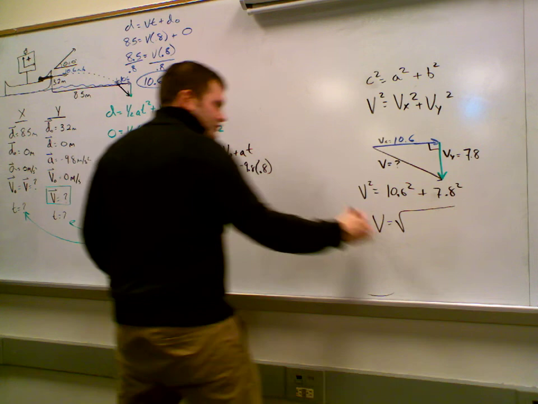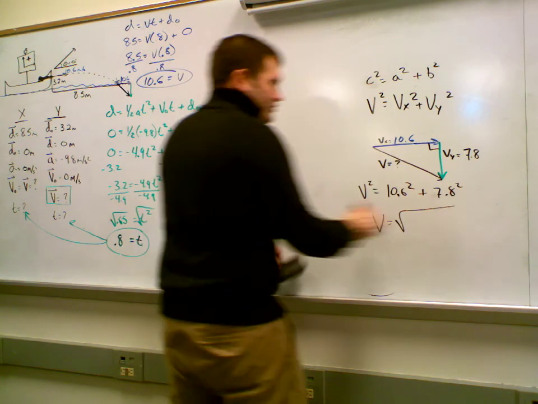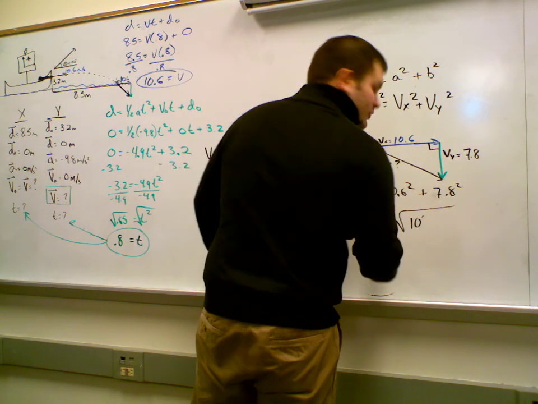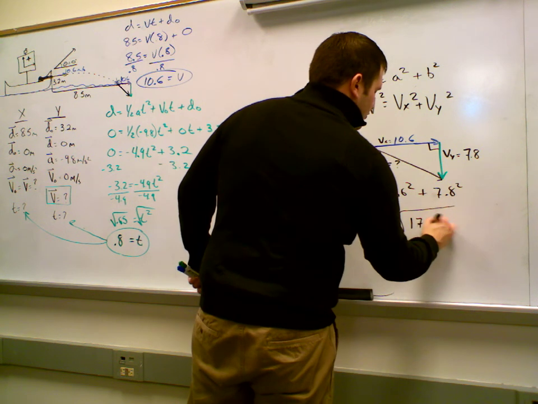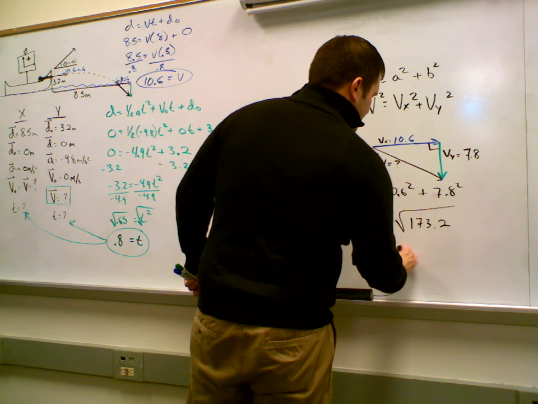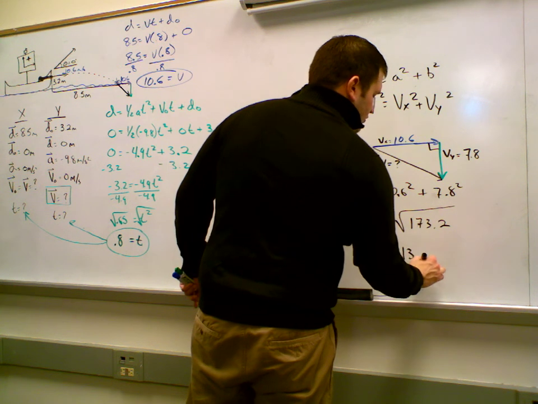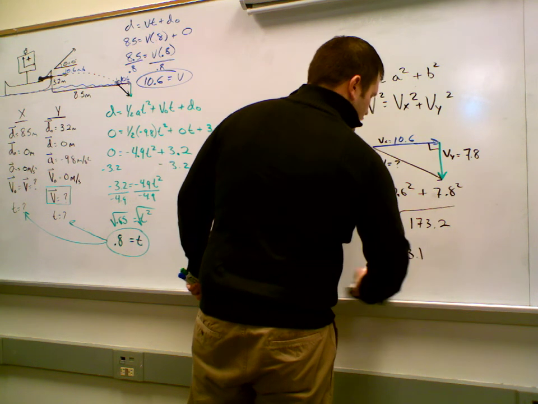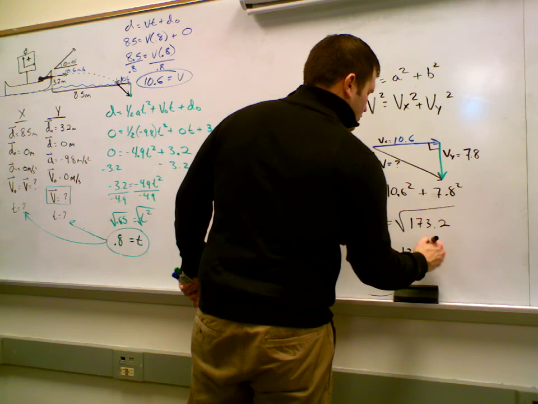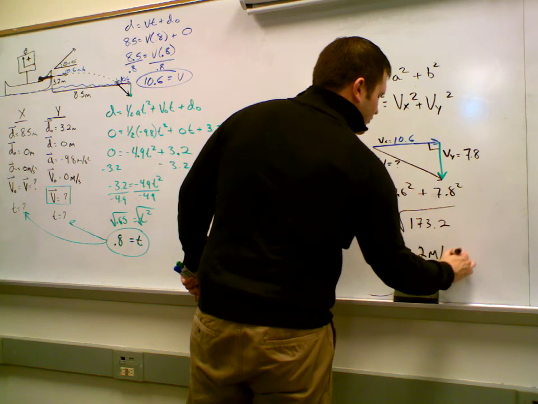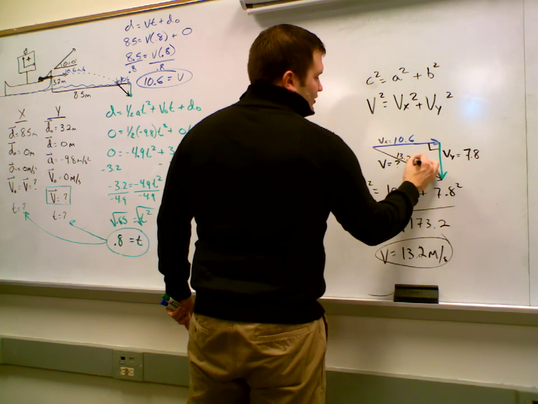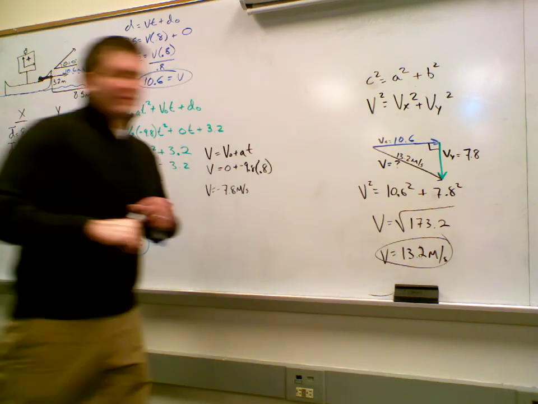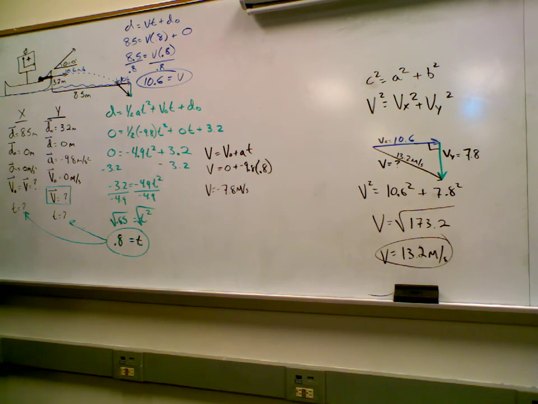And the velocity then is 13.160547, we'll call it 13.2. It's important that you add units. That means that at the moment before impact, the cannonball is traveling 13.2 meters per second.